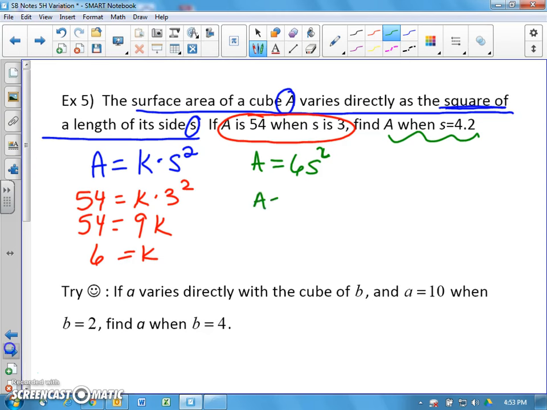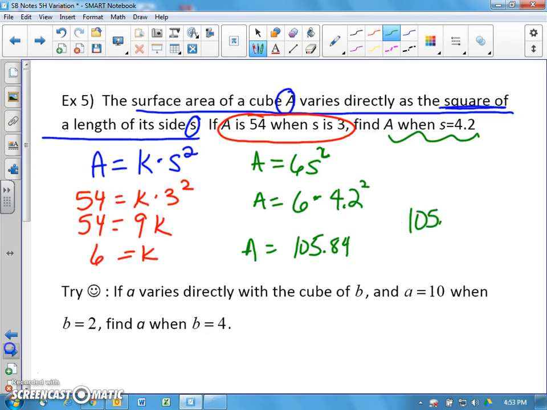Our task is to find A when the side length is 4.2. Again, that squared is part of the equation, so you're going to need to calculate that. Doing the calculations, you should get A to be 105.84. Okay, since this is area, it would be in square units.